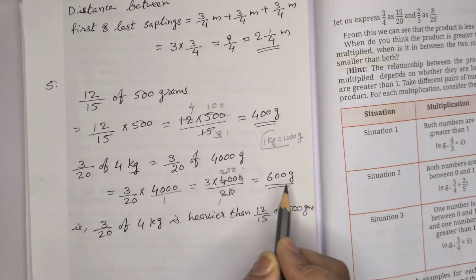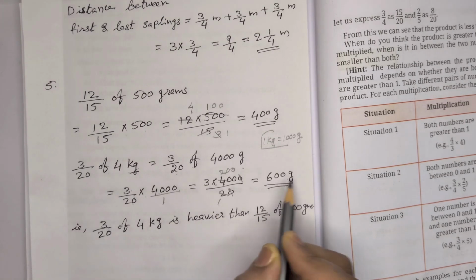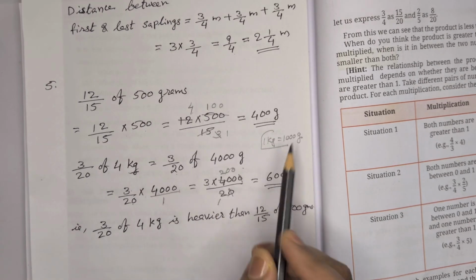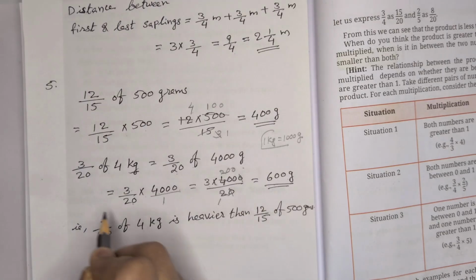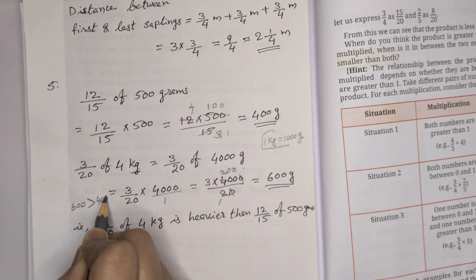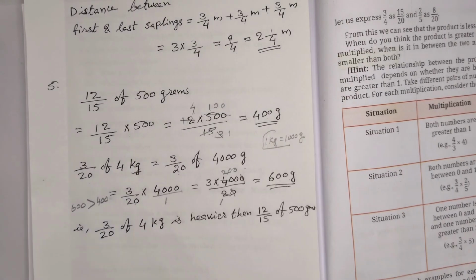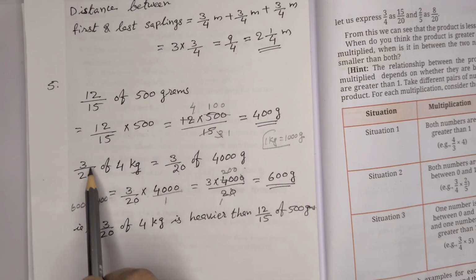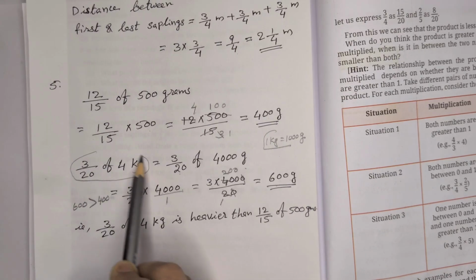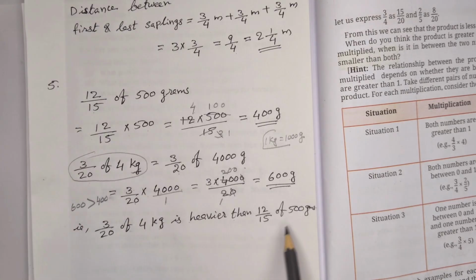Now 3 into 200, 600, divide by 1, that is 600 itself. So the second answer is 600. We know that 600 is greater than 400. So which is heavier? We can write the second part: 3 by 20 of 4 kg is heavier than 12 by 15 of 500 grams.